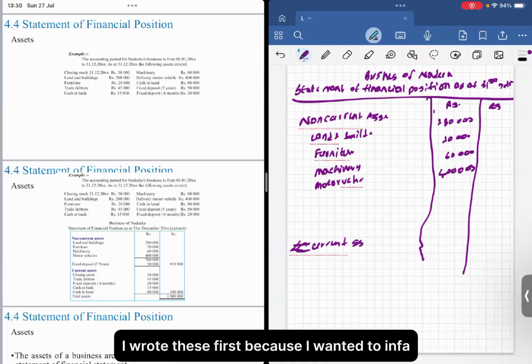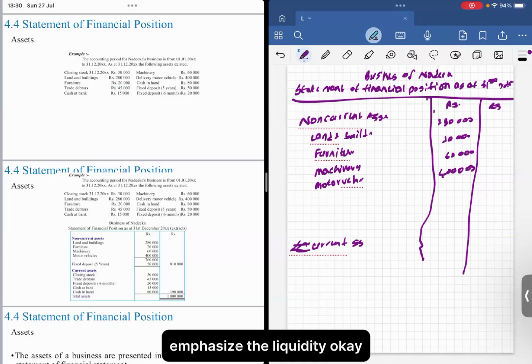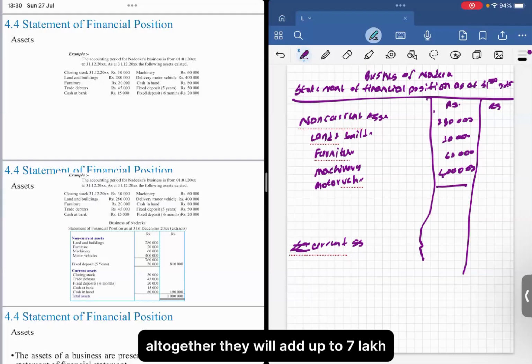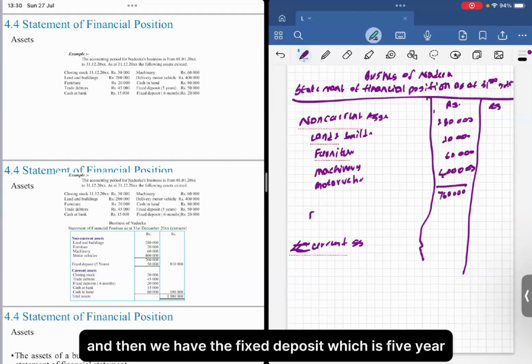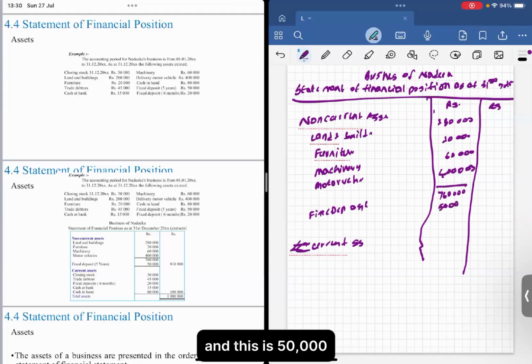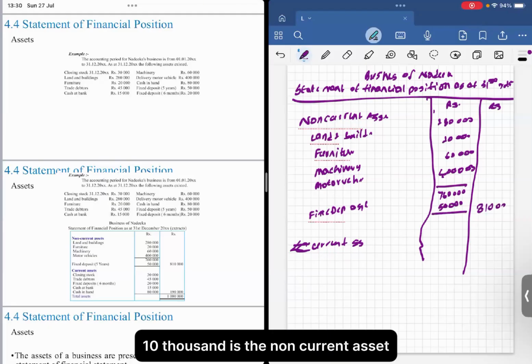I wrote these first because I wanted to emphasize the liquidity. Altogether, they add up to 760,000. And then we have the fixed deposit, which is 5 year, and which is 50,000. And the total of that, 810,000, is the non-current assets.